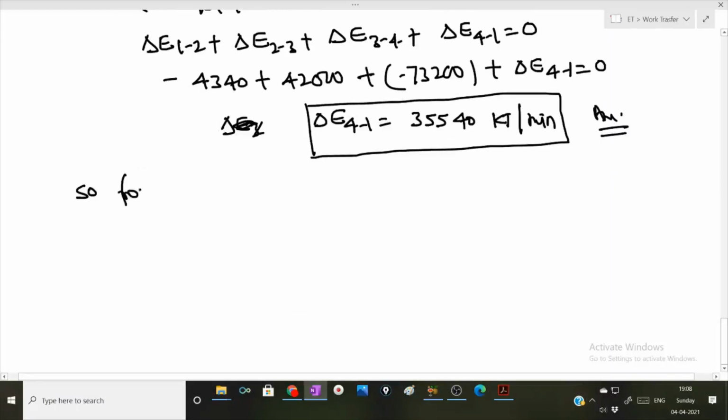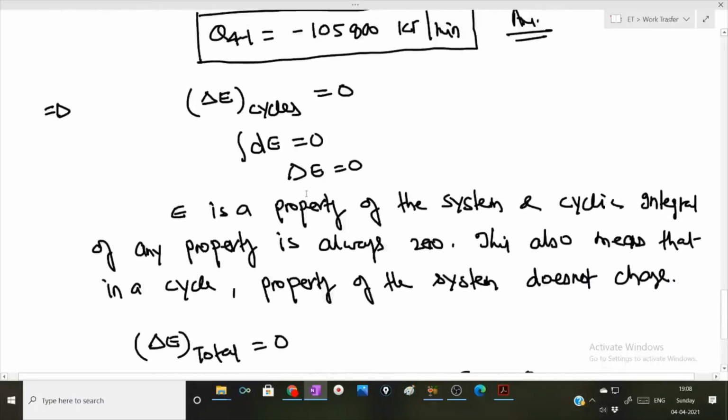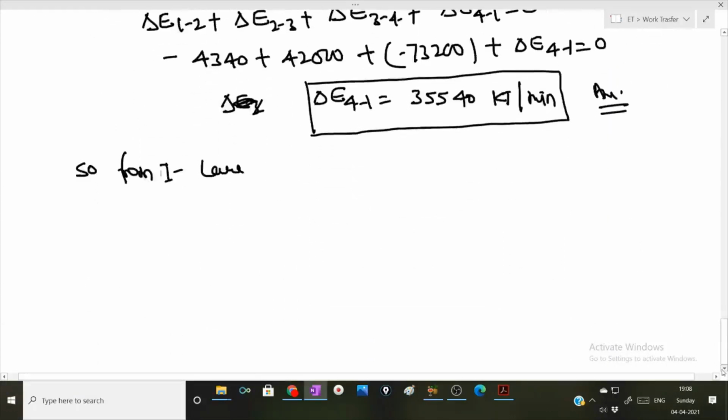So from the first law, the value of Q41 is minus 105,800 kilojoule per minute, and the value of delta E41 is 35540. So W41 I can calculate.